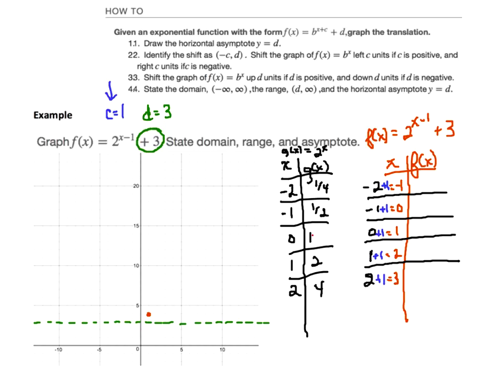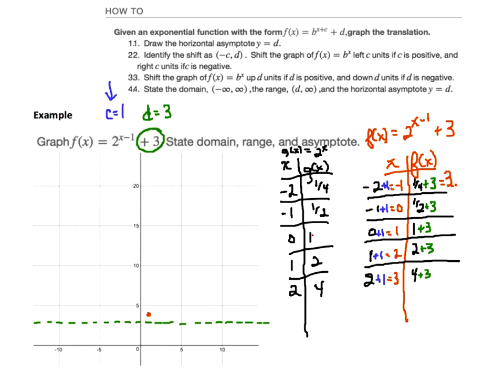And then I take my original y values, 1/4, 1/2, 1, 2, and 4. And I'm going to shift each of those up 3. And that gives me the new y values.